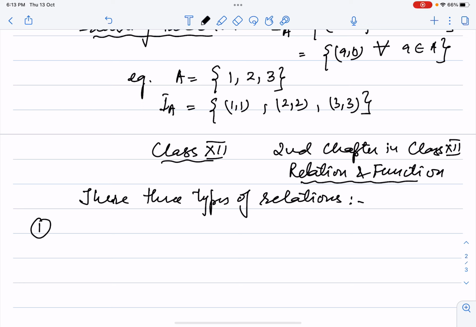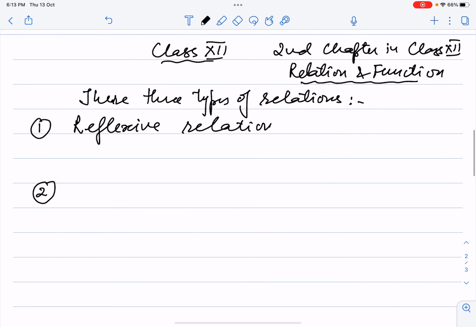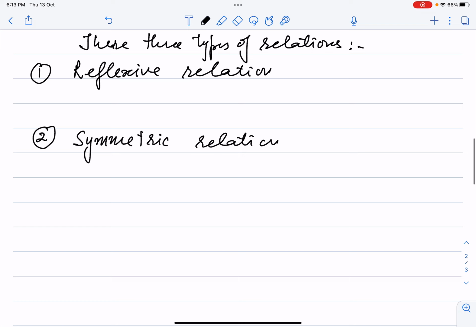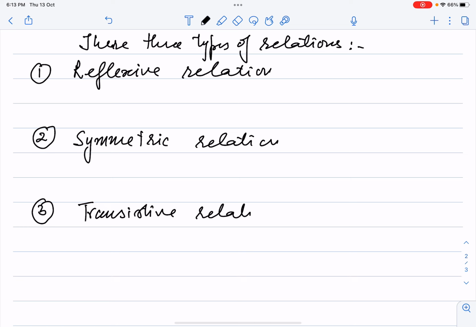Number 1 is called reflexive relation. Number 2 is called symmetric relation. And number 3 is called transitive relation. Now one by one we will understand what these relations actually mean.